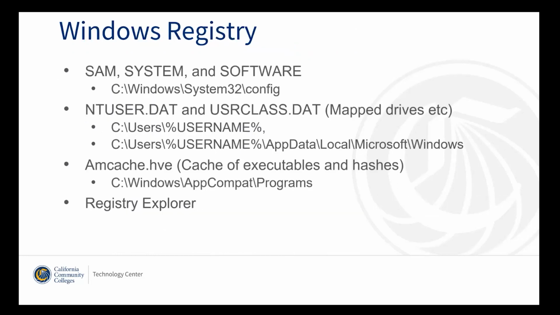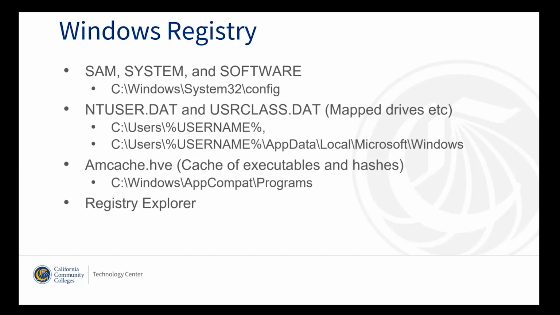Then there's the registry, of course, which has tons of information about what's going on. There's the SAM, system, and software, where all the configs are stored. NTUSER.DAT, UsrClass.DAT, those are mapped drives. So if the system mapped some drives for lateral movement or to steal data for exfiltration, you could see that quickly by examining these files.